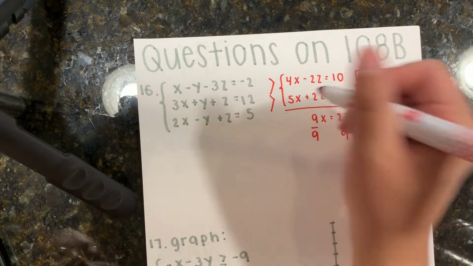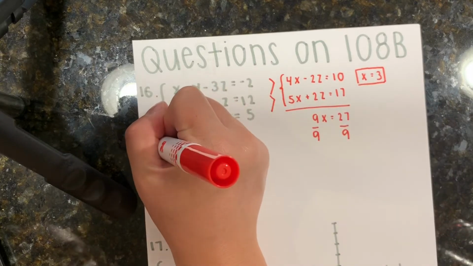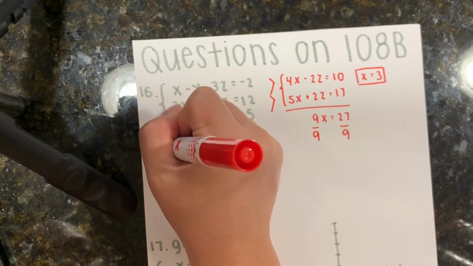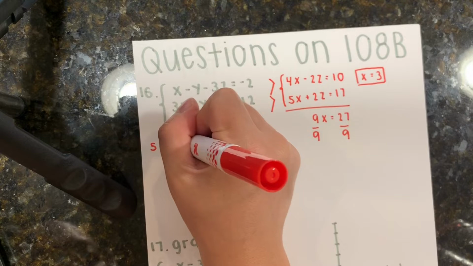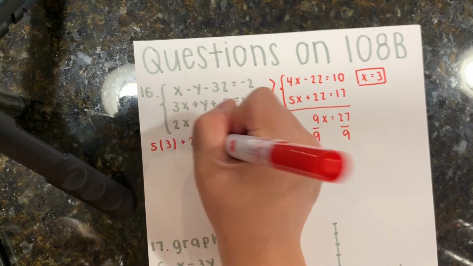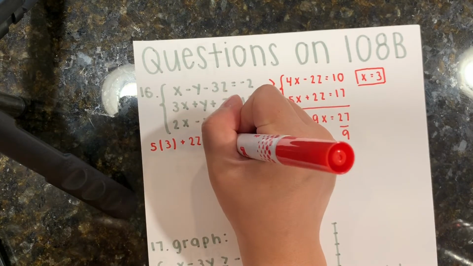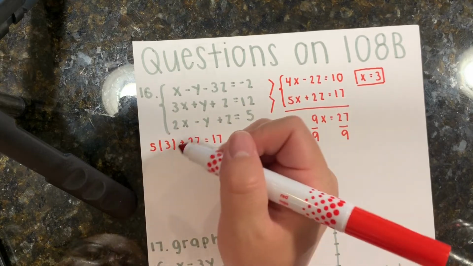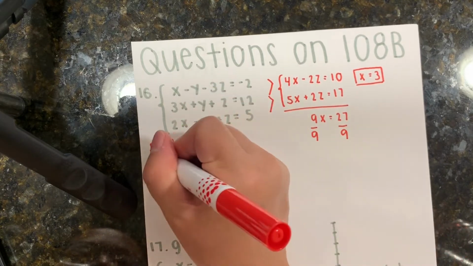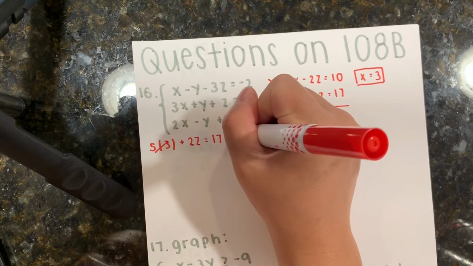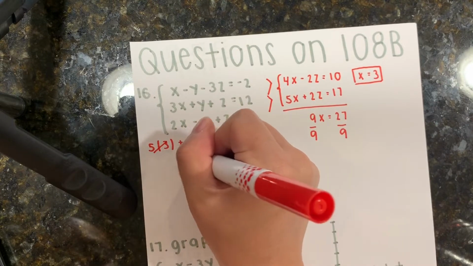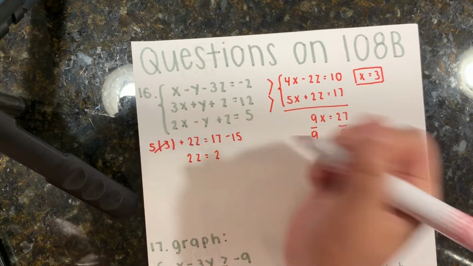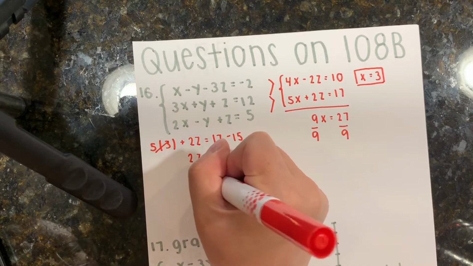So I'm going to use the bottom equation. So it's going to be 5 times 3 plus 2z equals 17. 5 times 3 is 15. So when I move it to the other side, I'm going to subtract it. So I have 2z equals 2. Therefore, z is equal to 1.